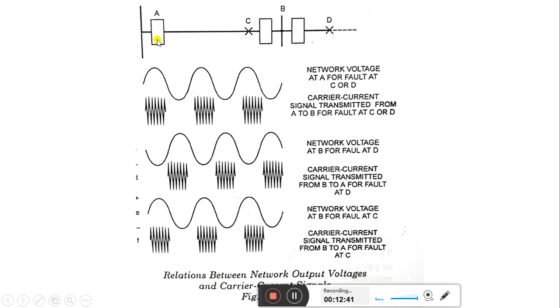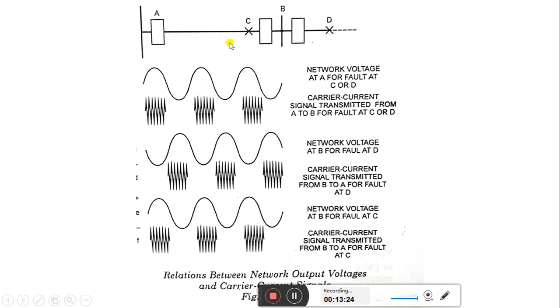Let us consider here, this is a single conductor line, and we have on this side circuit breaker A, or end A, and on this side two circuit breakers are provided at end B. Further, there are two points shown here, point C and point D. Point D is outside the protected zone, and at point C a fault will be created within the protected zone.